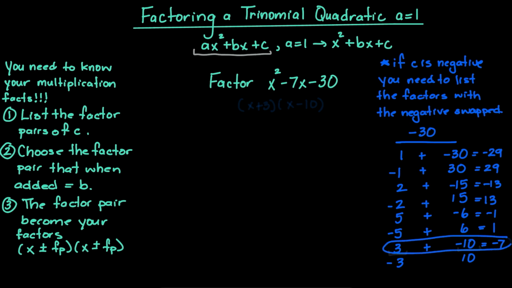And that is our winner. Our factor pair is 3 and -10. So x squared minus 7x minus 30 factors into x plus 3 times x minus 10.